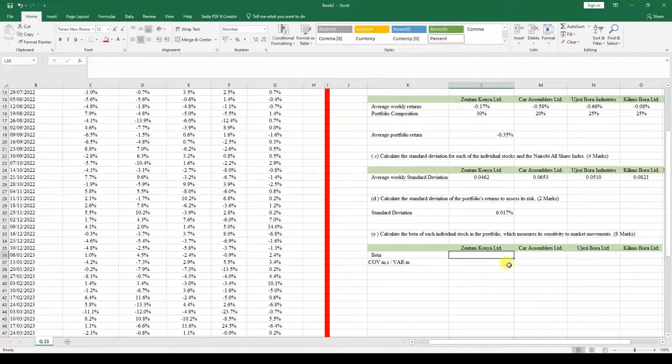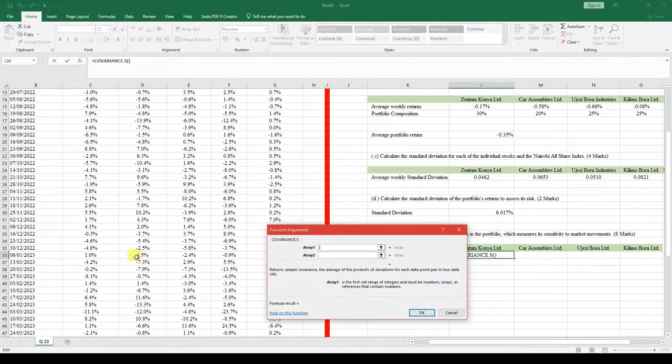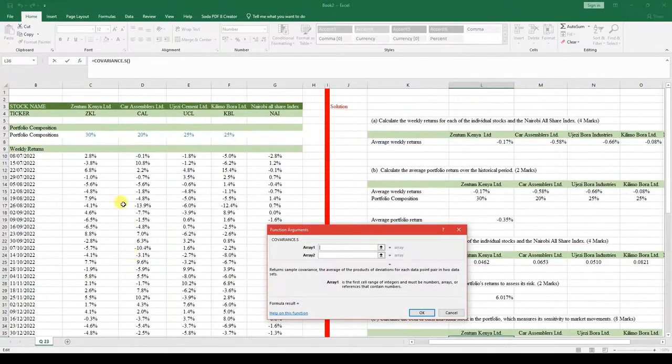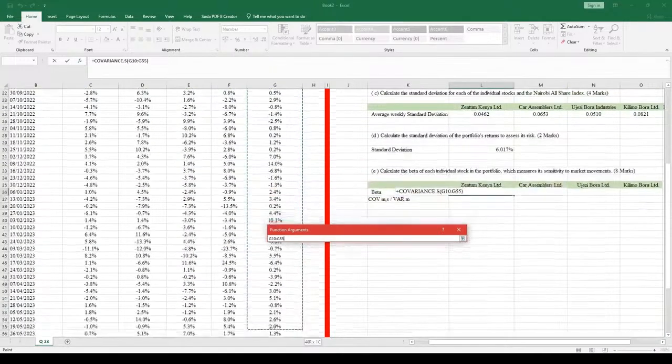So we pick COVAR.S, because we are looking at a sample covariance, and we open it up right over here. Covariance of what? Covariance of the market. This is the market over here, so we highlight that part.